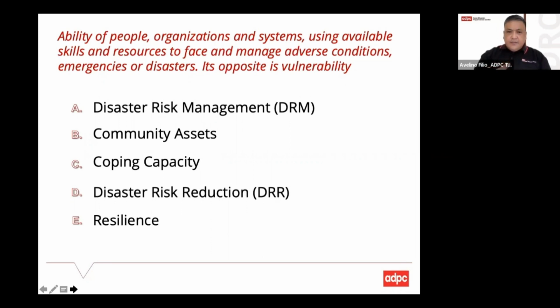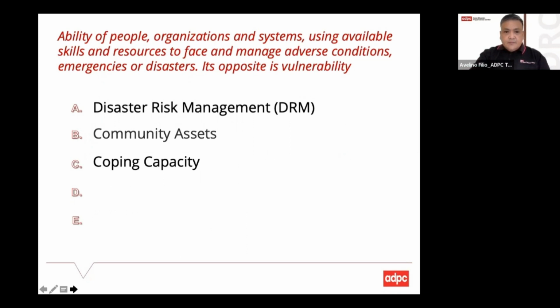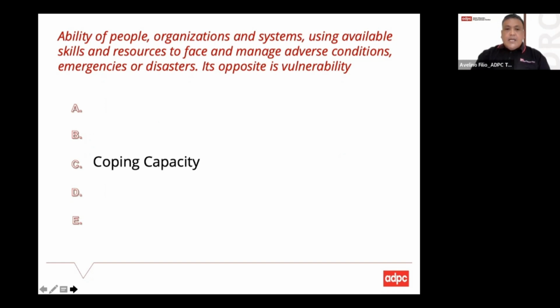Disaster risk management, community assets, coping capacity, disaster risk reduction, or resilience. I'll give you 7 seconds because this is where the responses are almost similar. So let's see what you have come up with. It's coping capacity, right?